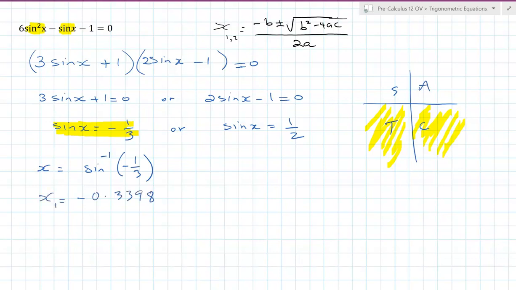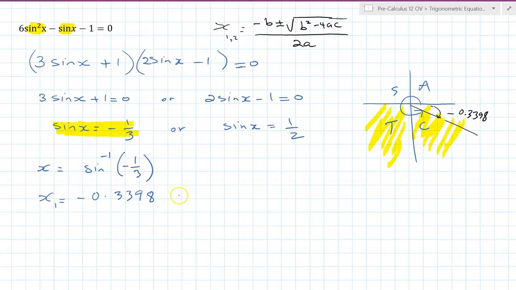Okay, I got the first angle equal to -0.3398, and let's locate that. That angle is negative, so -0.3398.